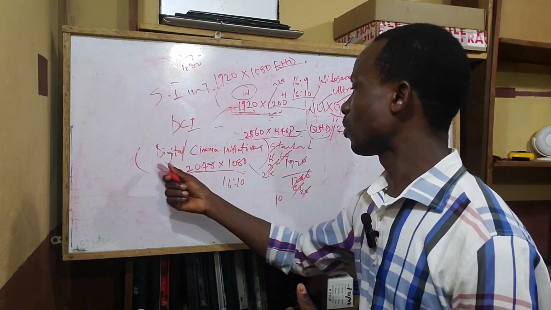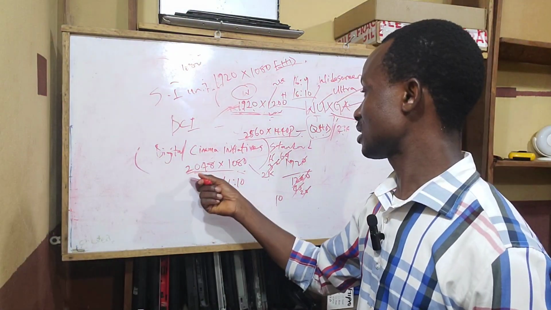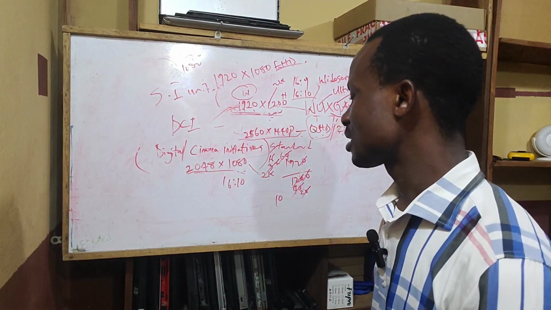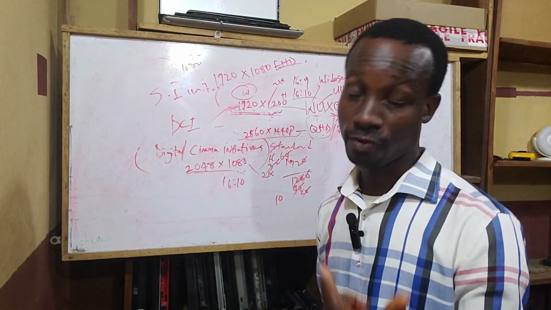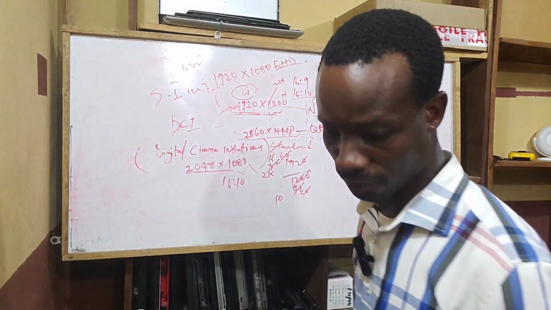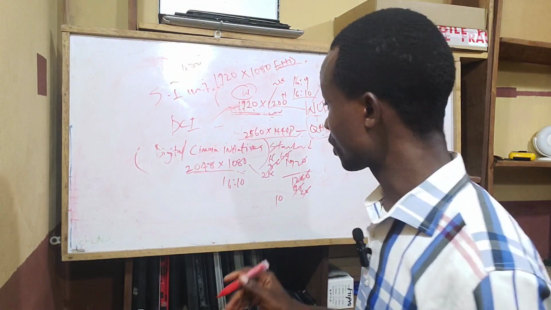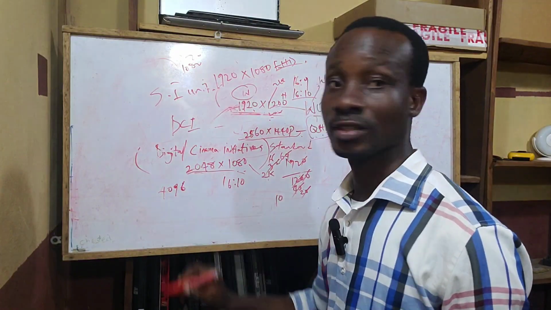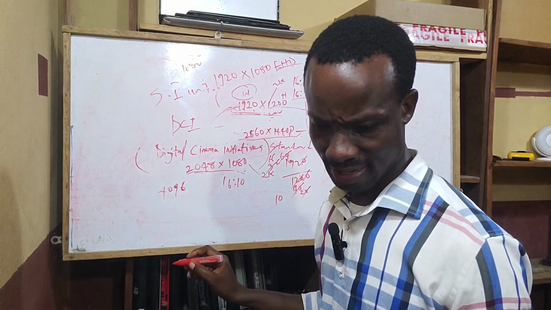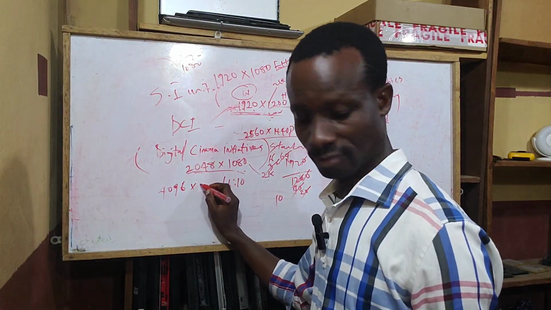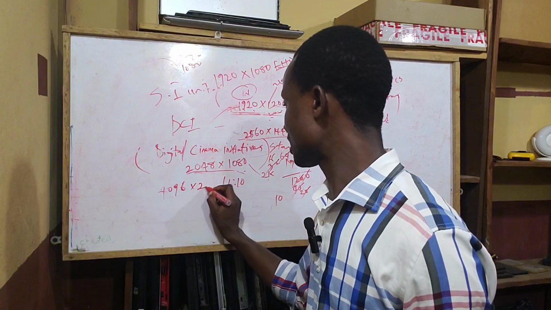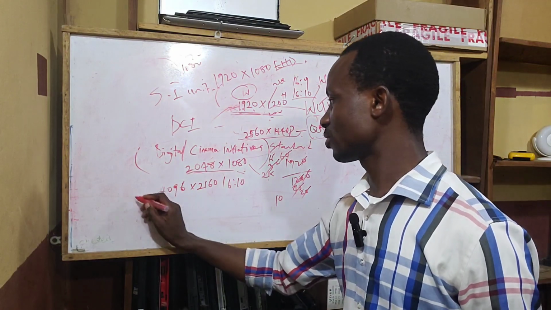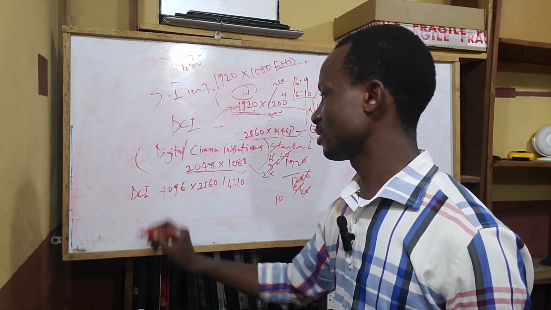Let me just explain more on DCI. Now let me make use of 4K. DCI defines 4K to be 4096 by 2160.